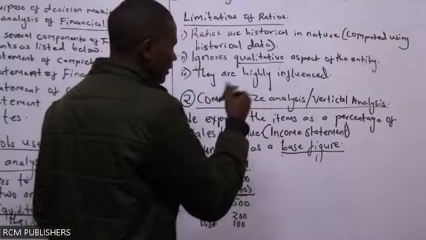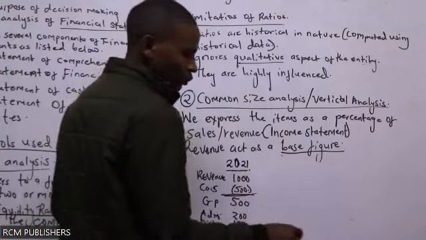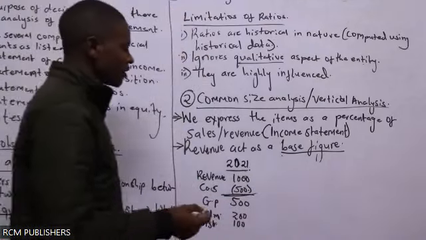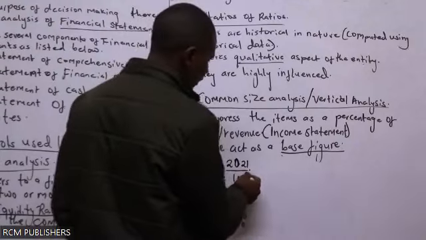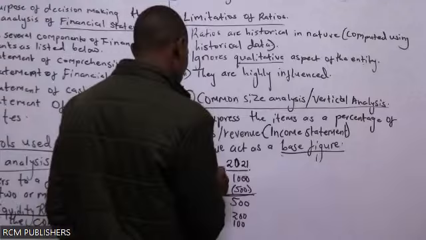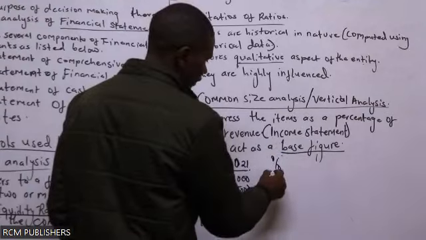As a percentage of sale. Therefore, any other item, we are going to use the base figure as that of sales. For example, in the revenue section, we shall now have the percentage.